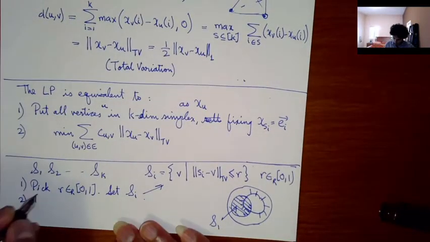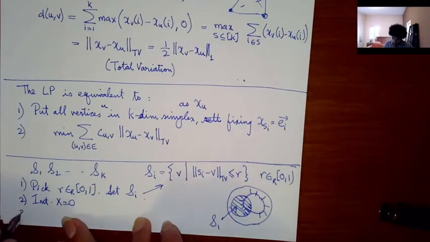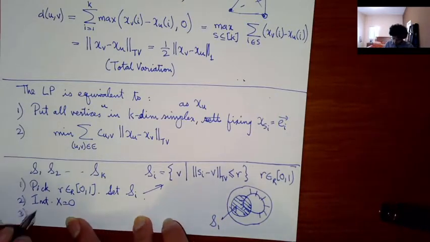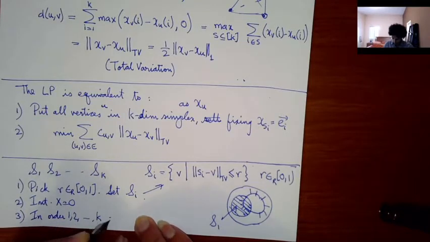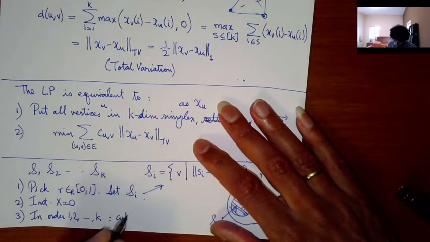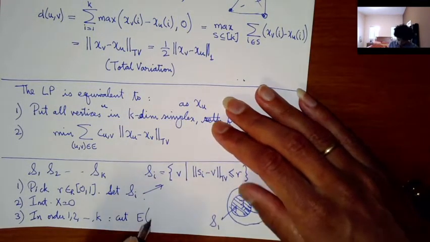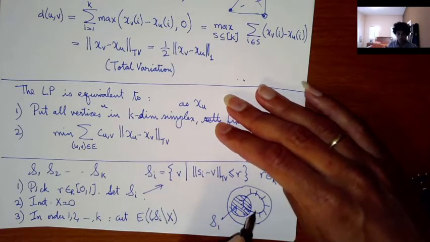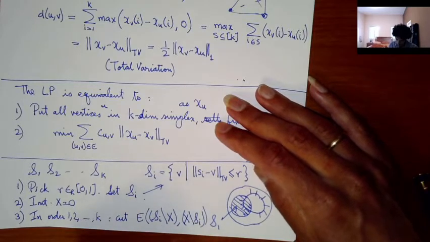I will just initialize x equal to 0, and then in order 1 to k, cut the edges in S_i minus x to x... Sorry, you know what?